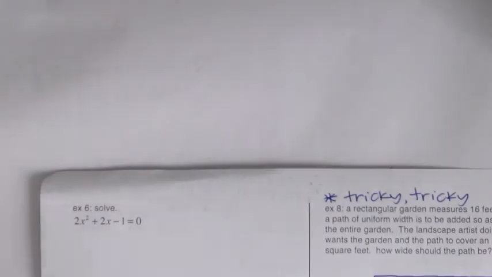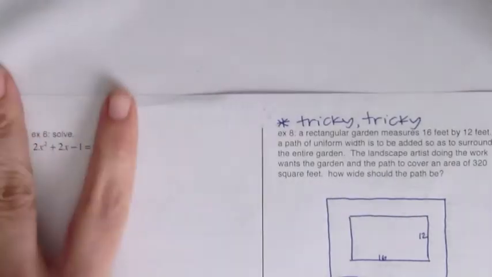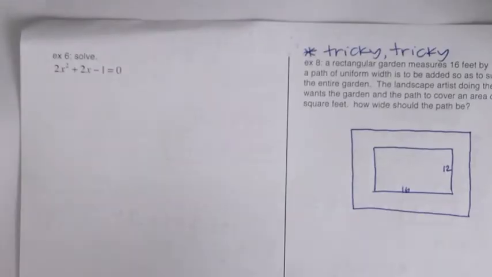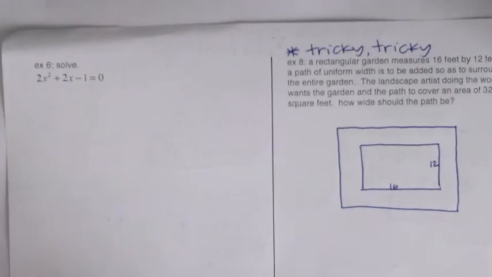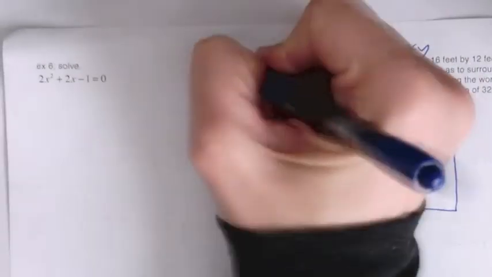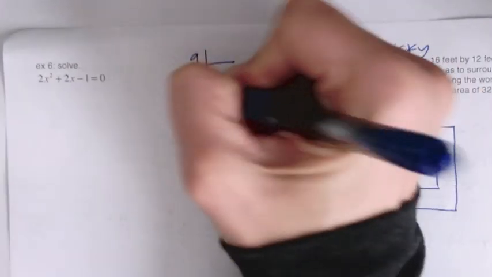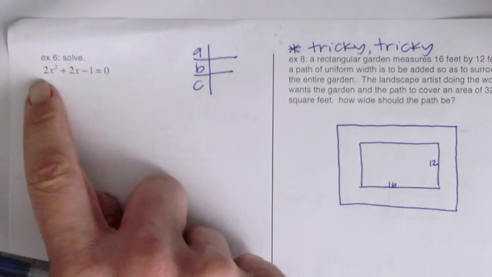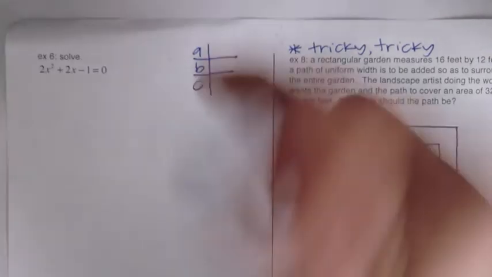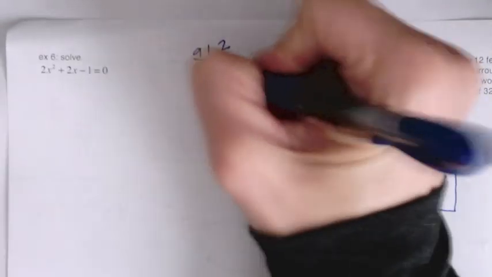Flip it over. So this one is where we actually just practice the fallback way of solving any quadratic, which is by quadratic formula. So here's my little ABC chart. First thing you're going to do is make sure it equals 0 on one side, and then this is your A, your B, and your C. So 2, 2, negative 1.